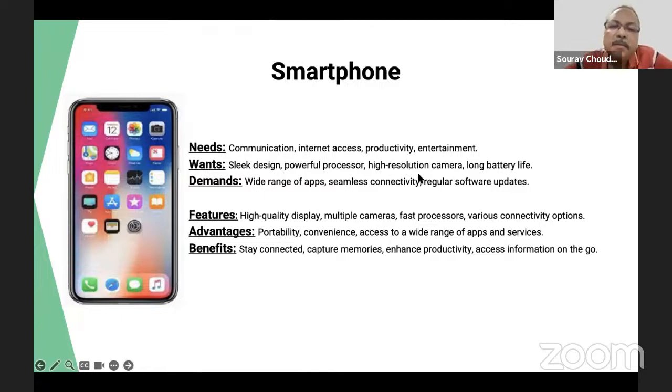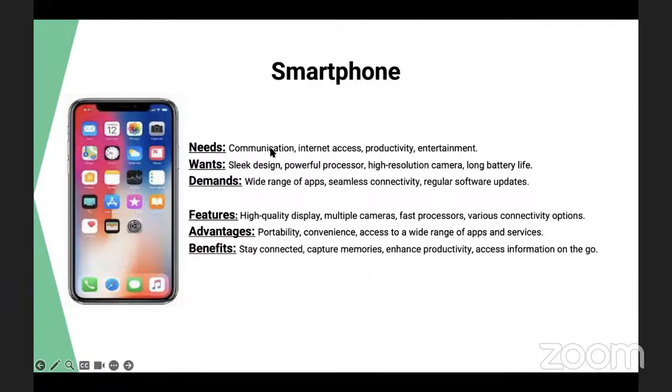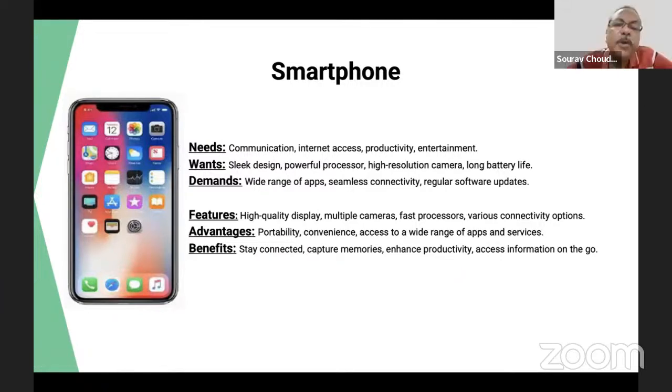Smartphone का need क्या है? Why do you need a smartphone? Saurabh. Sir, you need a smartphone for communication, right? You need a smartphone for communication. You need a smartphone for possibly entertainment, photography. Okay.